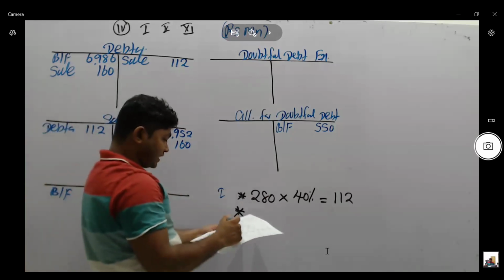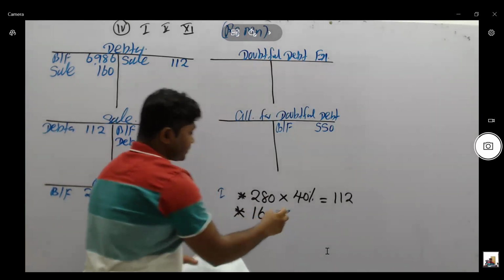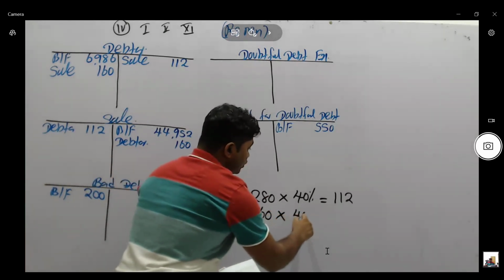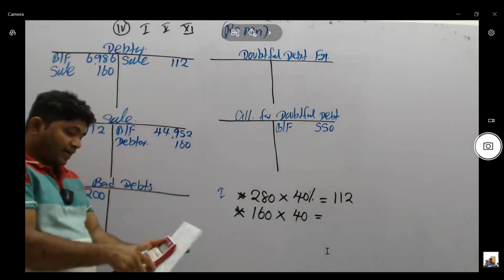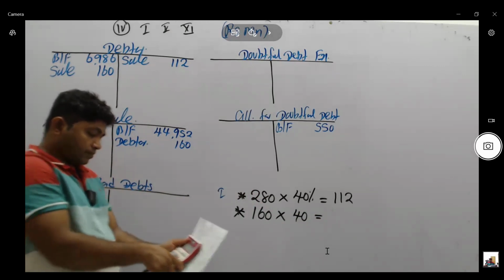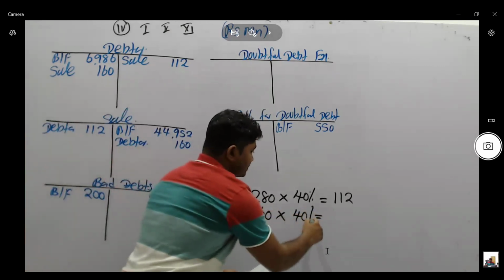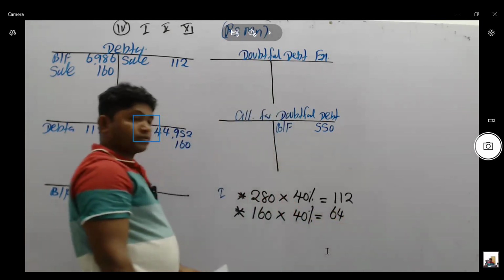It is given goods sent on sales or return basis, cost value equal 160. Based on that value, not sold amount should be considered as a closing stock. Therefore, 160 into 40%, the not sold amount should be considered as a closing stock.